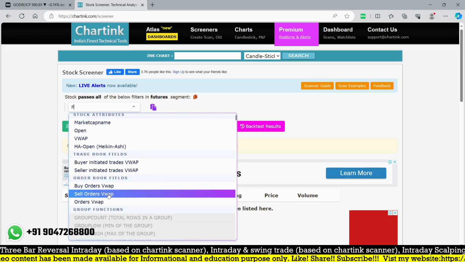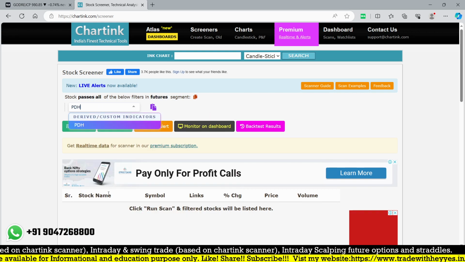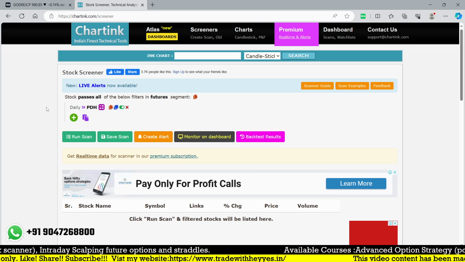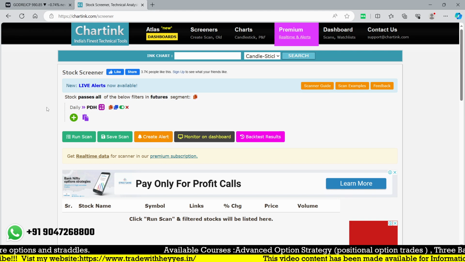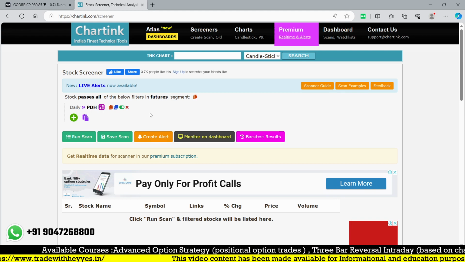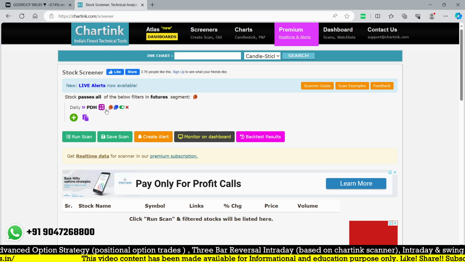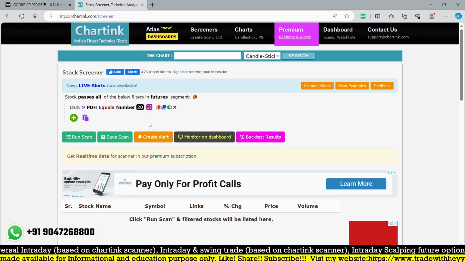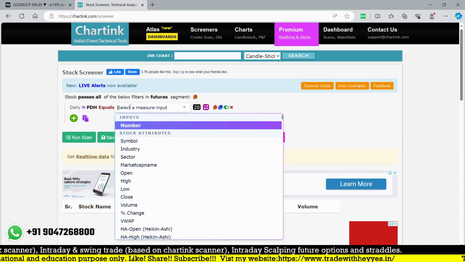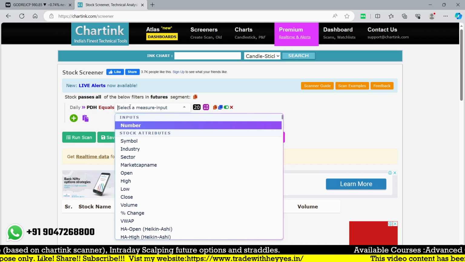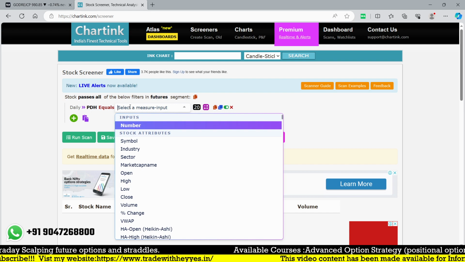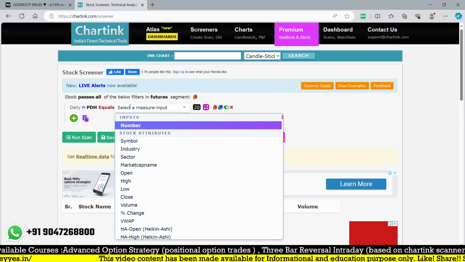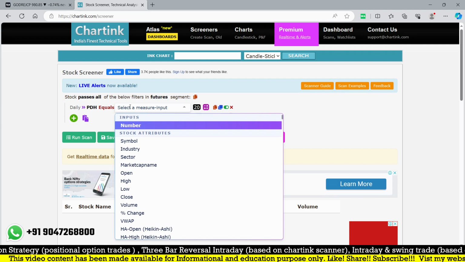So what we are going to do is previous day high, PDH, the daily previous day high, which means one day ago high, and we are looking at the daily time frame. We have already created a lot of customized indicators for CPR and other things, and that's why we complete the scanner in a single line. This would be very complex if you created it with the normal charting tool. This is a customized one we have already created.